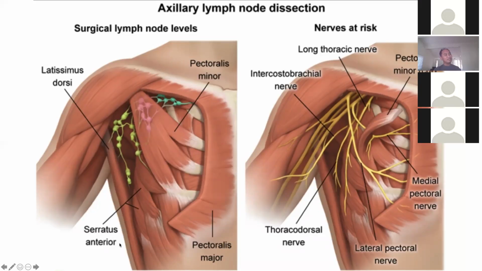This serratus anterior muscle, as you can see, is covered underneath the pectoralis minor, and on top we have the big pectoralis major. But actually, they originate from the lateral portion of the ribs, and it goes to the scapula. So that is a muscle called serratus anterior.